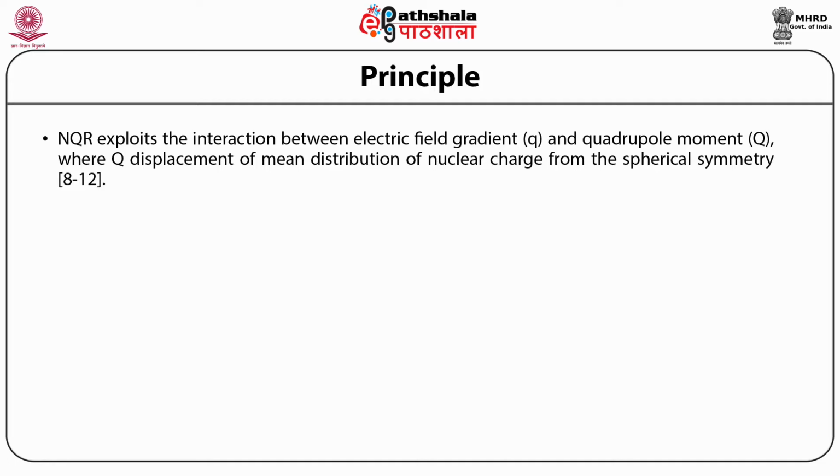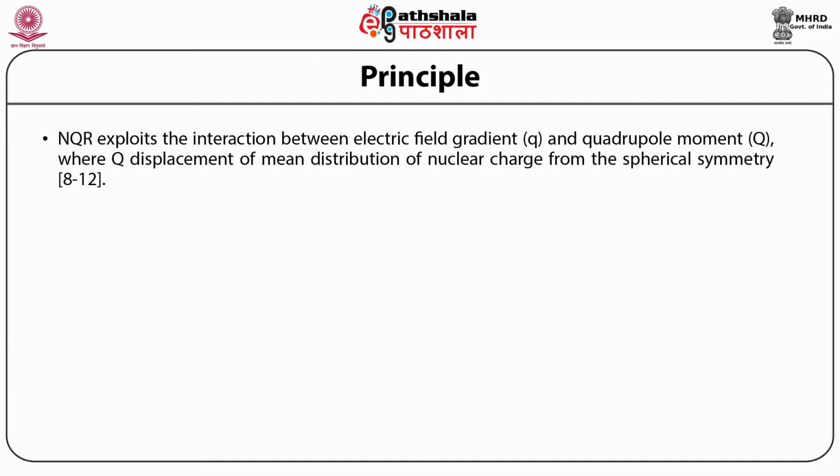NQR, that is nuclear quadrupole resonance, exploits the interaction between the electric field gradient, that is q, and the quadrupole moment, that is capital Q, where capital Q is the displacement of the mean distribution of nuclear charge from spherical symmetry.